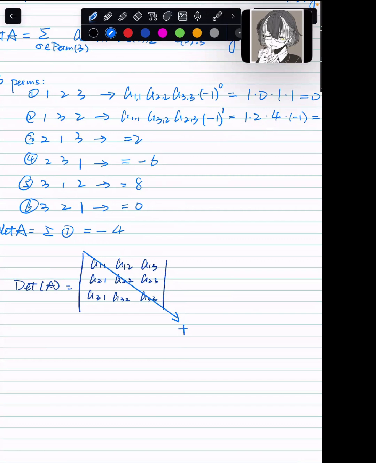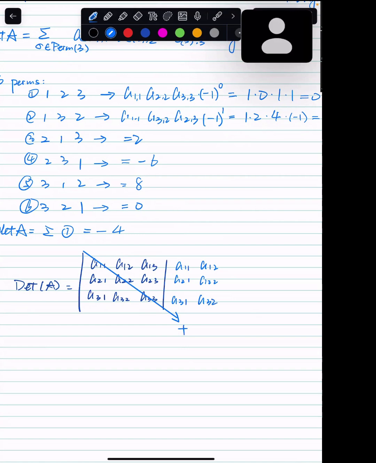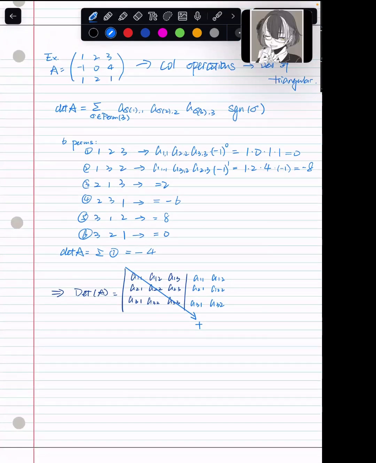So we write down A11, A21, A31, A12, A22, A32. This is if you want the diagonal to be positive, because we observed that it is actually positive. Yeah, because the permutation doesn't change no matter how our matrix changes.